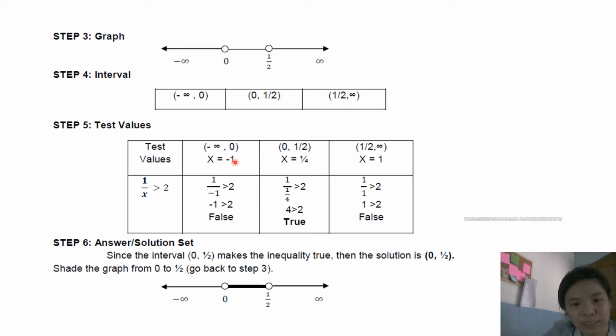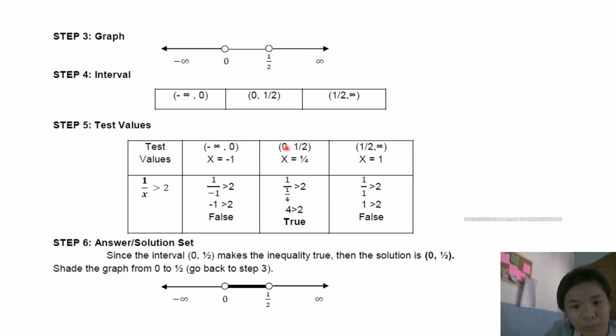Actually, kahit anong numbers pababa, hanggang sa negative infinity naman yun. So, less than 0 is negative 1, right? So, we can substitute the value of x by negative 1 in the original inequality. So, we have 1 over negative 1 is greater than 2. 1 over negative 1 is negative 1. Is negative 1 greater than 2? So, that's false.